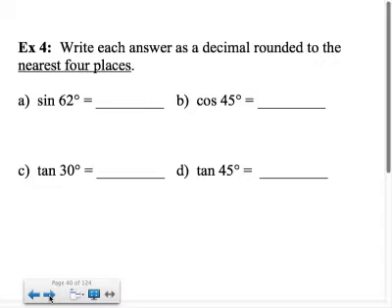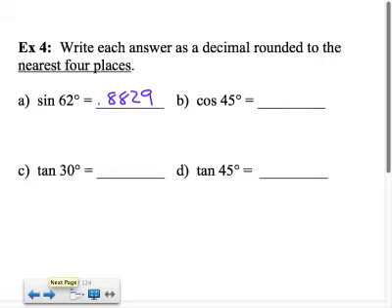So sine of 62, literally just plug in sine of 62. Hit enter. Sine 62, there we go. Okay, 0.8829.